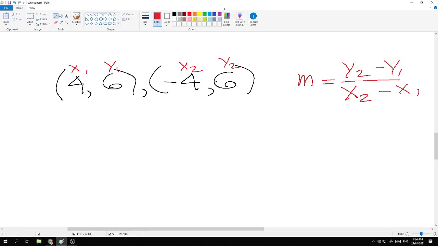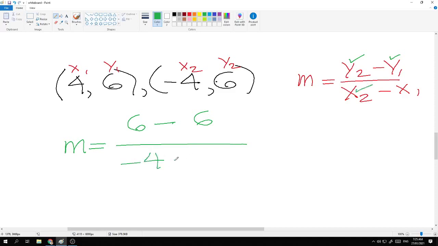Let's substitute everything to our formula. M is equal to, what's the value of y sub 2? 6. What's the value of y sub 1? 6. The value of x sub 2? Negative 4, minus the value of x sub 1, 4. What is 6 minus 6? 0.